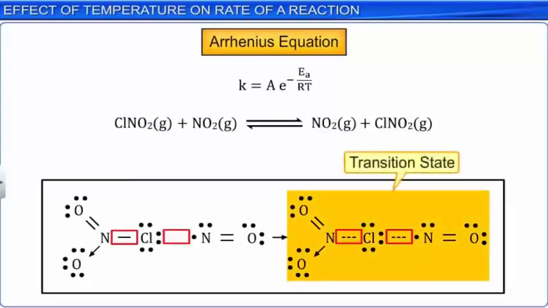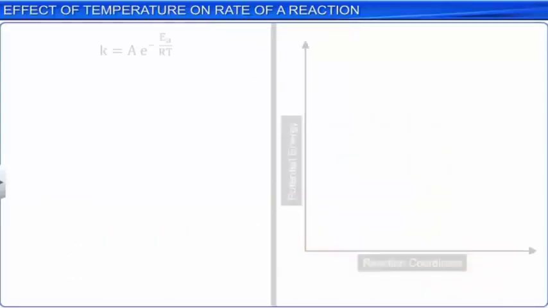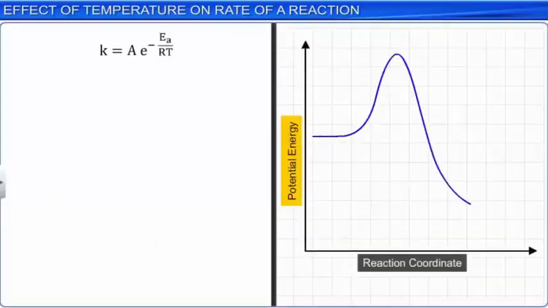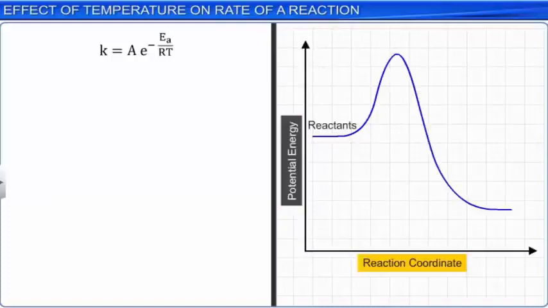If we plot the potential energy of the molecules versus the reaction coordinate, we get the curve shown here. The peak of the curve is the transition or the intermediate state, which is also known as the activated complex.